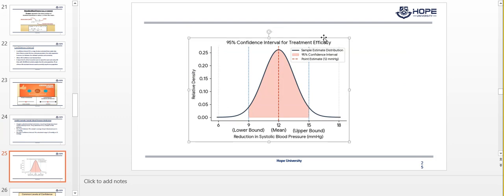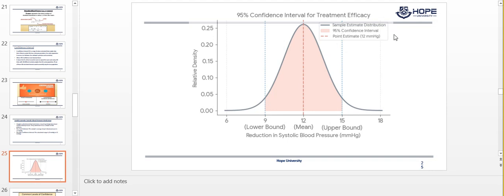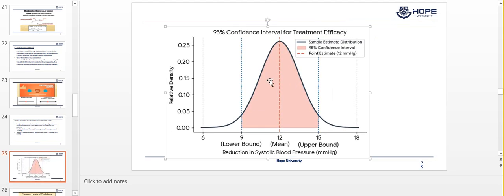Look at this picture. As you see, we have the confidence interval, lower bound to upper bound, and the center mean. The center is 12 millimeters of mercury, the upper bound is 15, and the lower bound is 9.